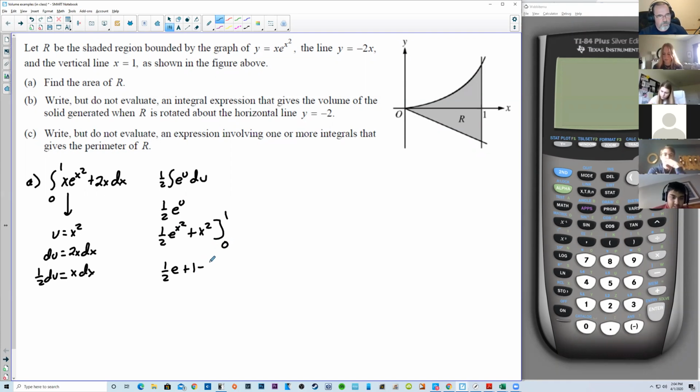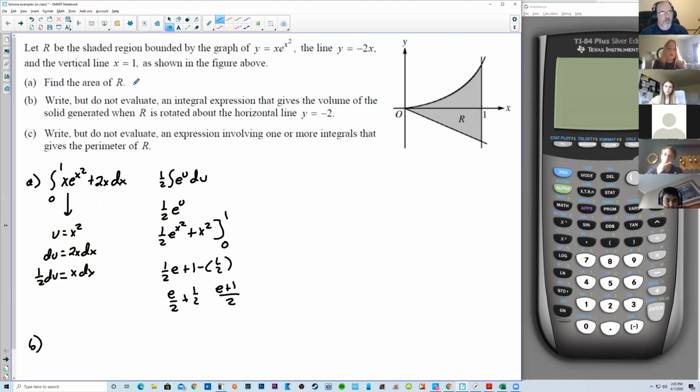But then when we plug 0 in, e to the 0 is 1. So minus 1/2 and then plus 0. So we get e over 2 plus 1/2 minus 1/2 is a half. I think the way they write it is e plus 1 over 2, common denominator. Right, but do not evaluate. All right, I'm going to write that down here, I suppose.